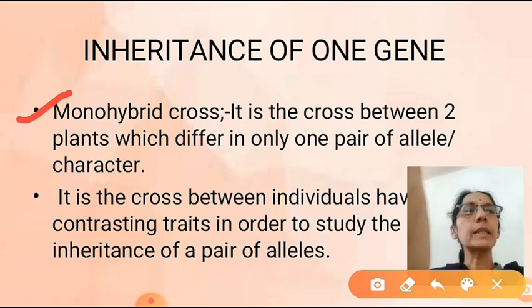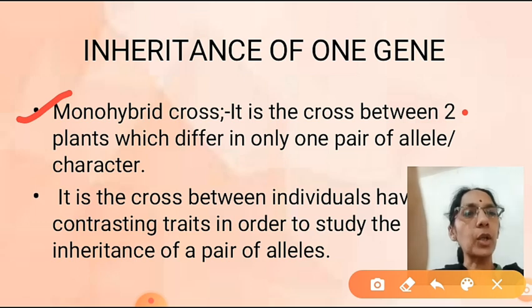So, it is the cross between two plants which differ only in one pair of allele or character. Got it? That means each character is controlled by a single gene, and that gene has two alleles.